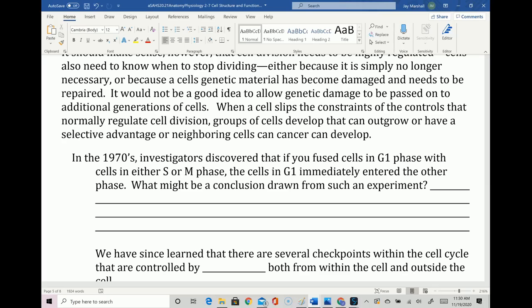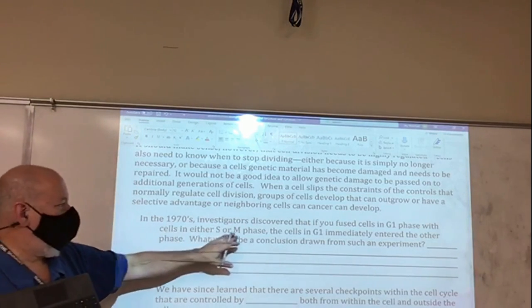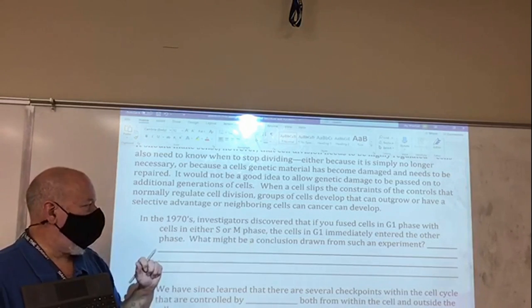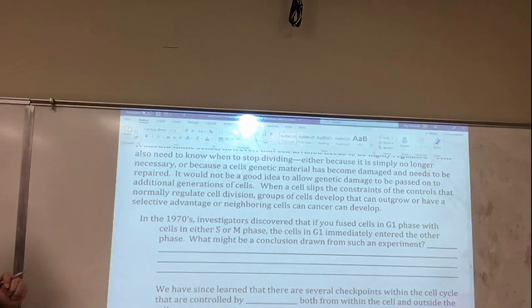In the 1970s, investigators discovered that if you fused cells in G1 phase with cells in either S or M phase, the cells in G1 phase immediately entered the S phase. So what do I mean by this?